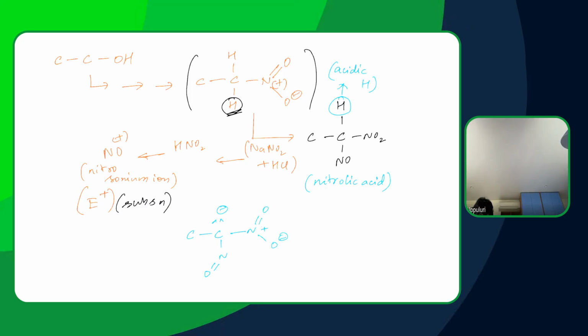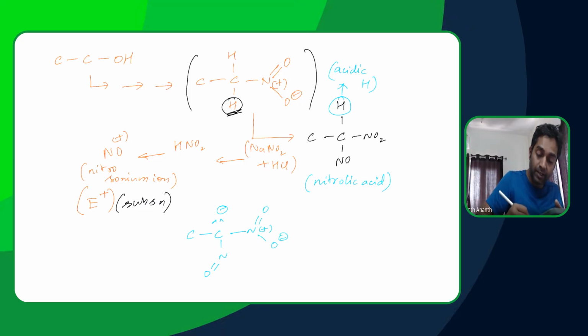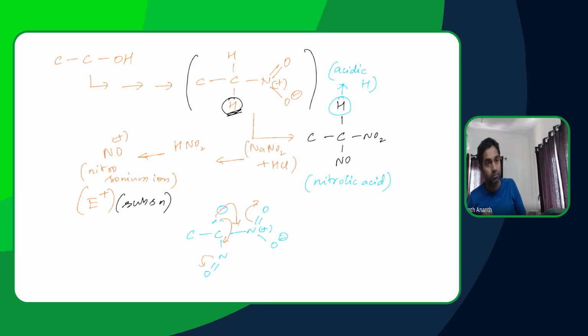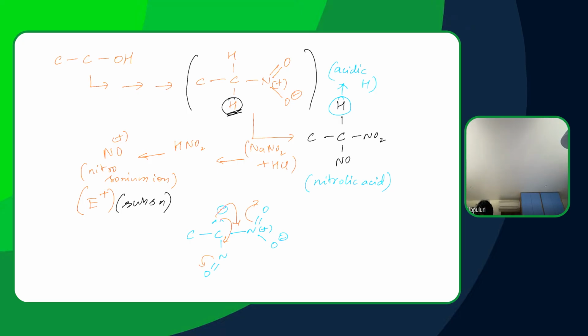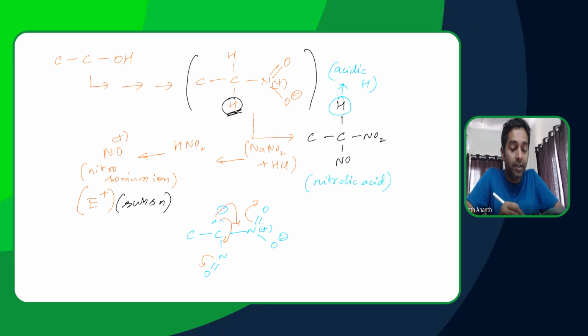So you can have resonance stabilization like this. So this is an acidic hydrogen here. This is called nitrolic acid. That's the game here. Next up, if you're doing it for a secondary, what will you be getting there?